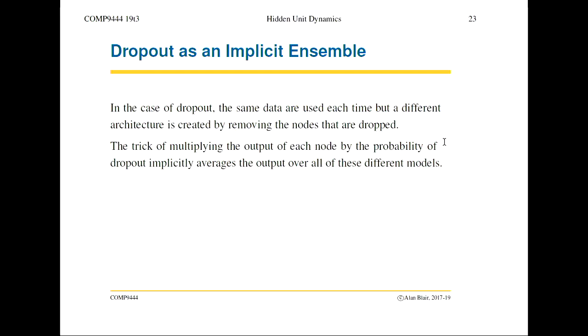Another thing is the validation set. It's kind of like the test set, but we don't want to look at the test set until the very end. So we use the validation set. We train on the training set, but we use the validation set to tell us when to stop or how many nodes to have.